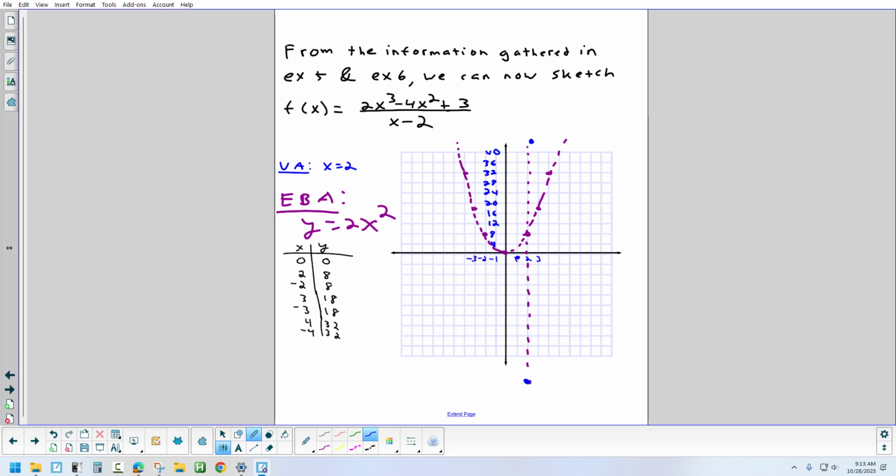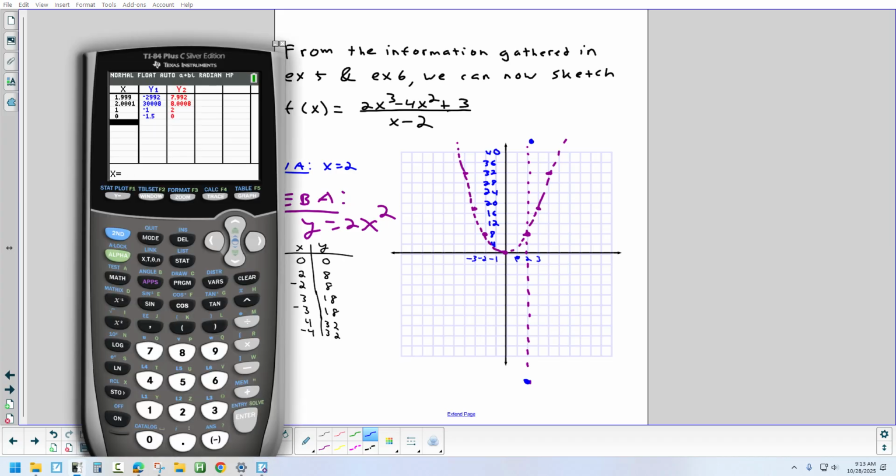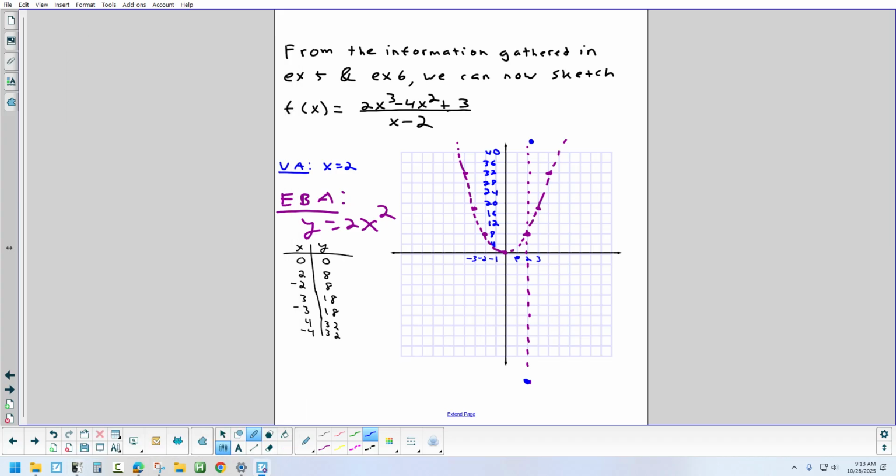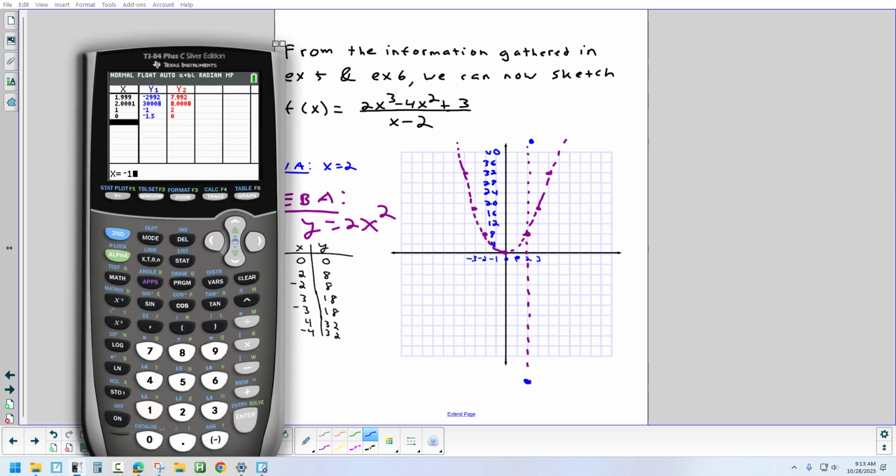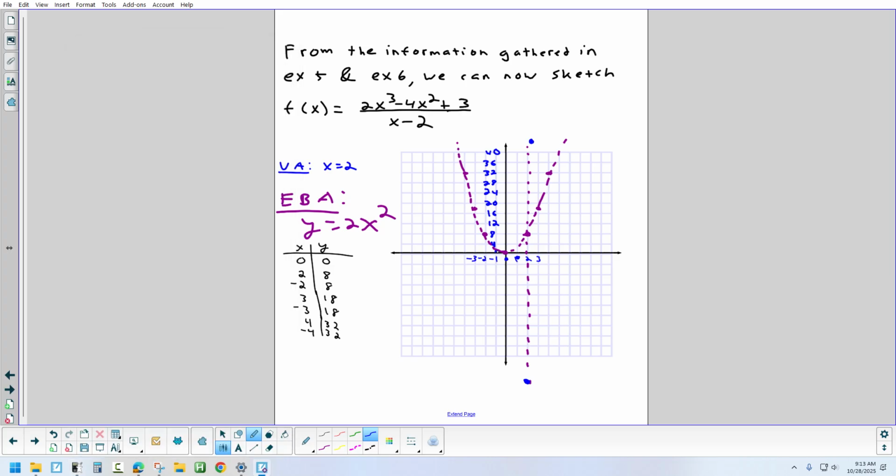Because my y-axis goes by 4s. Let's do 0. All right, 0, we're at -1.5. So a little bit lower. Let's do -1. Okay, -1, we're up at 1. So just barely above it.